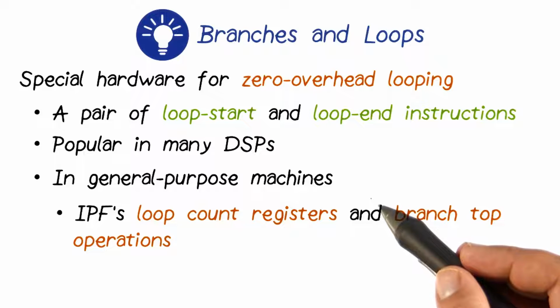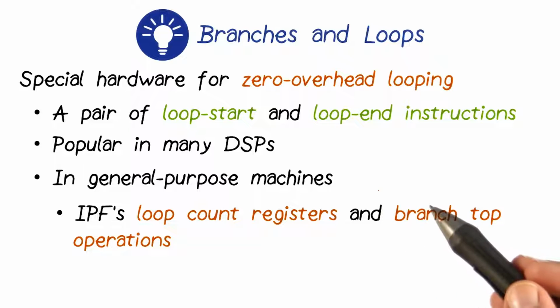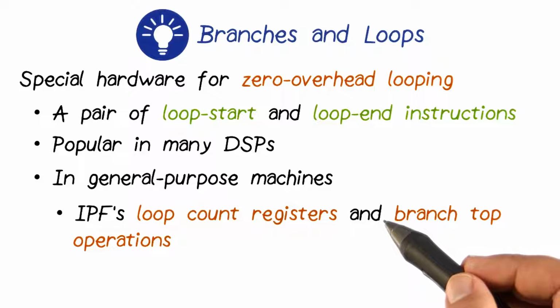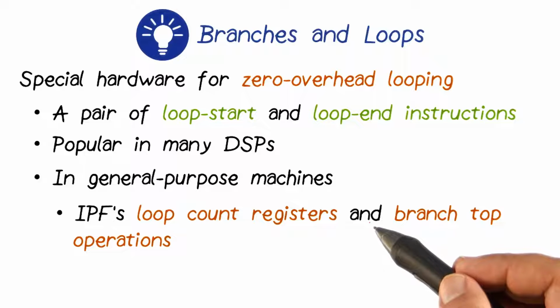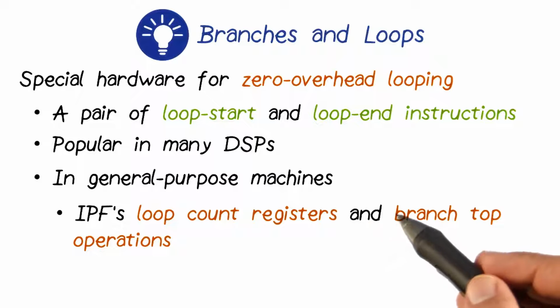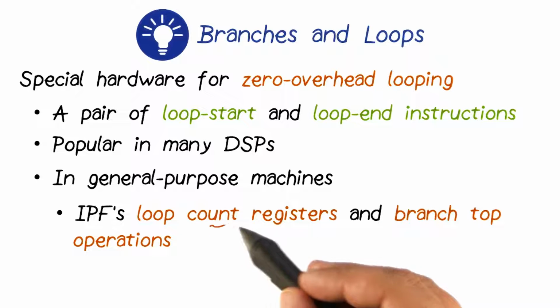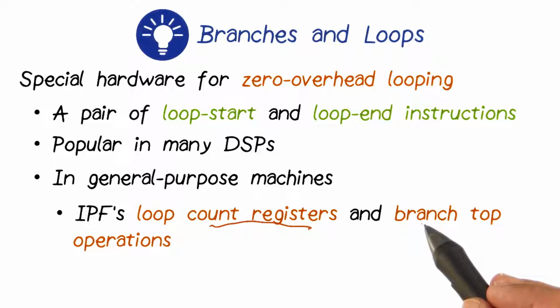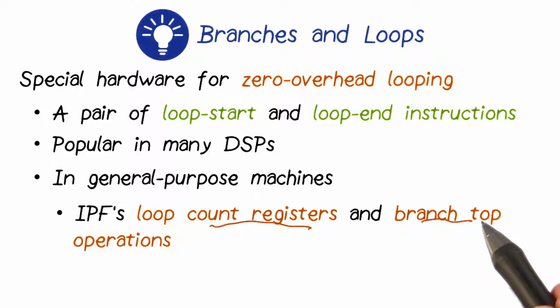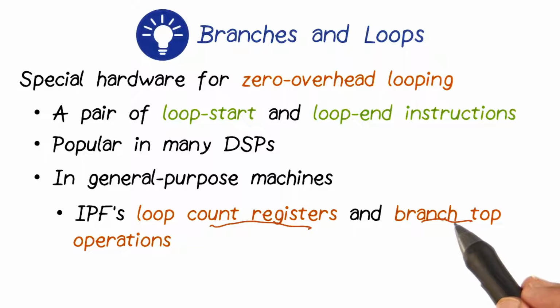We have not only such branches, but we also have a special register called loop count register and branch top operations. What are these? In addition to the unconditional branches, remember that in every loop, we have to keep track of the iterations and the condition. And when the condition is met, we terminate the loop. So loop count registers keep track of those conditions, and branch top operations allow you to terminate and exit the loop, especially in while loop.